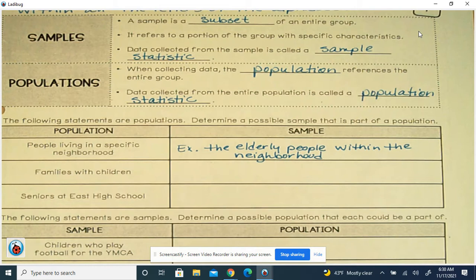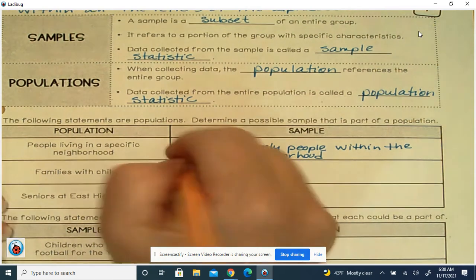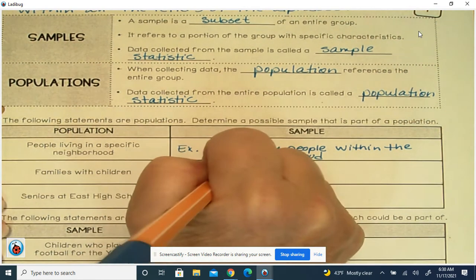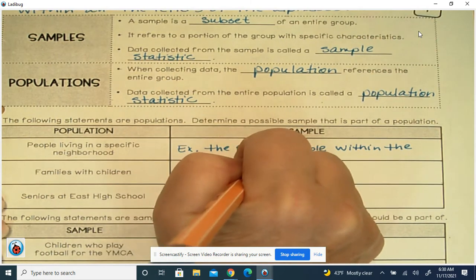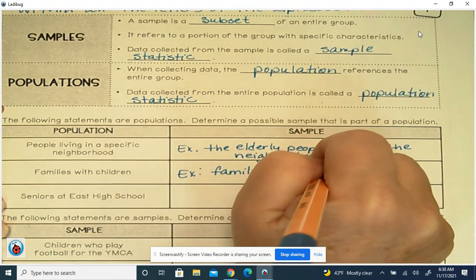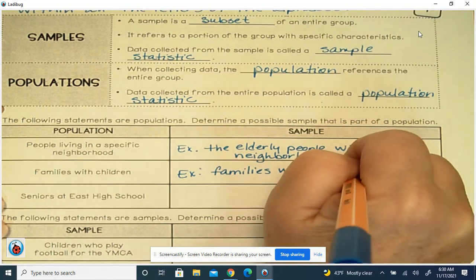If we had a population of families with children, we might want to ask how many families have one child. So our example could be families with only one child.